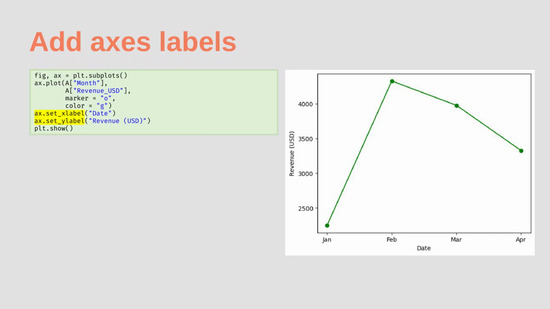For example, you can use the set_xlabel method to set the label for the x-axis. When writing axis labels, follow the standard sentence capitalization. Capitalize only the first word unless there are proper nouns. Once you have set the label, calling plt.show will display the plot with updated x-axis and y-axis labels.